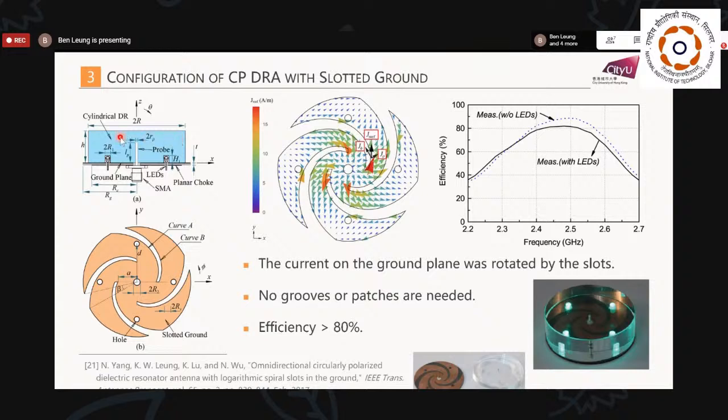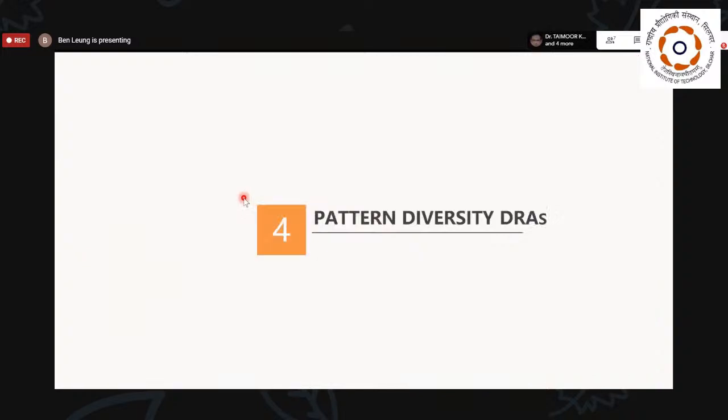It's just a simple conventional DRA. Okay, to save time, I would like to skip the result. Next, I'm going to share with you the pattern diversity DRA designs from my research team.